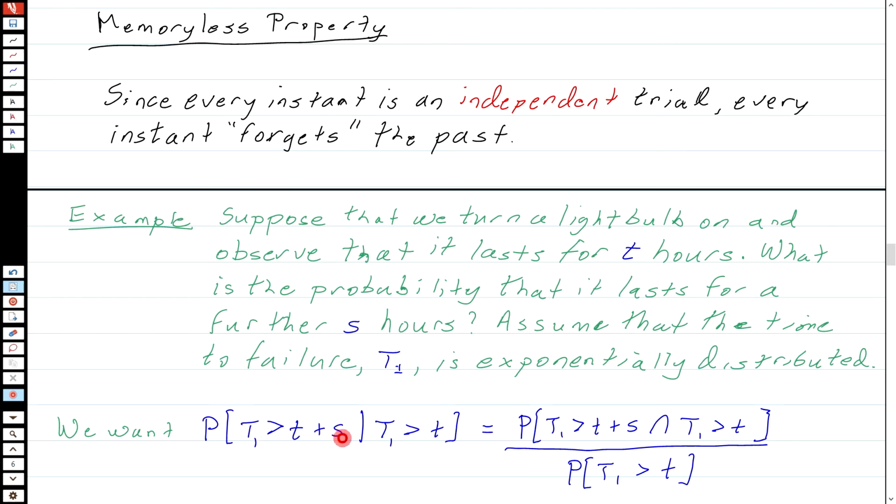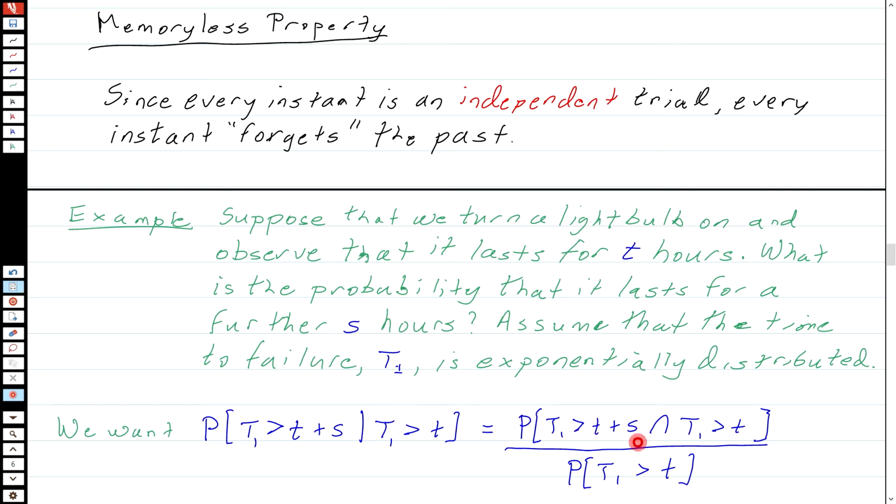Well, our fundamental definition of a conditional distribution is the probability of the intersection between these things divided by the probability of the given part of it. So I write it this way: probability T1 is greater than t plus s intersected with T1 greater than t, divided by the probability that T1 is greater than t.